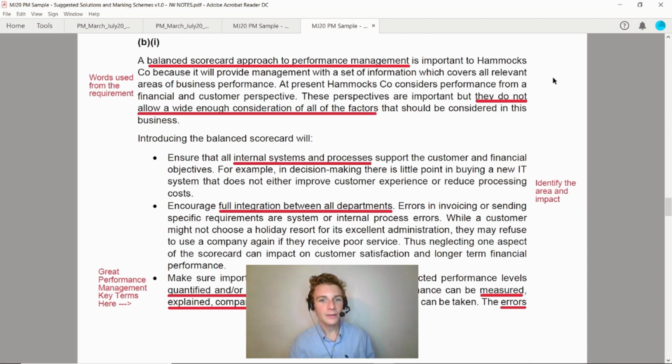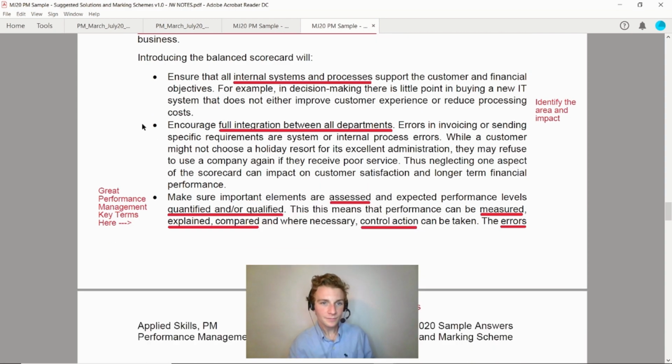So introducing the balanced scorecard will, keep it simple for yourself, ensure that all internal systems and processes, so get that jotted down, these are the key areas as to picture how the business is operating. That is the main fundamental thing here with these bullet points. Picture the business, what you could implement if you were a financial accountant here.